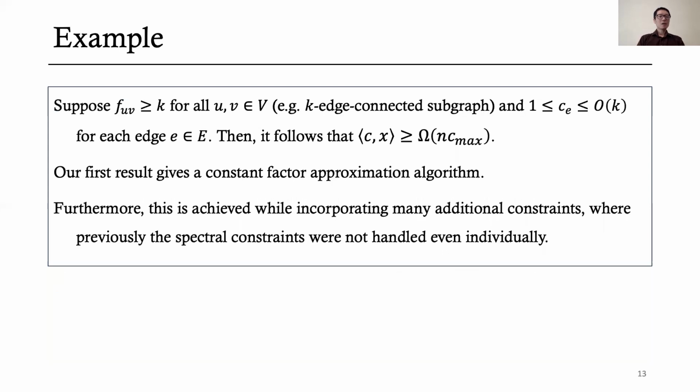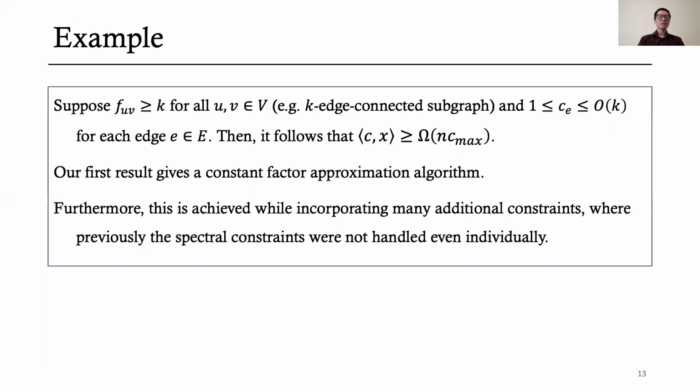Then let's consider a concrete example to show how we can apply the first theorem. Suppose in the survivable network design problem, the connectivity requirement f_uv is greater than k for all pairs u, v. For example, we are in the k-edge-connected subgraph problem.